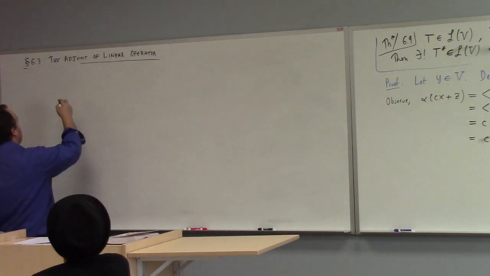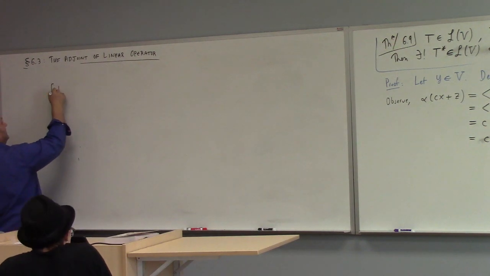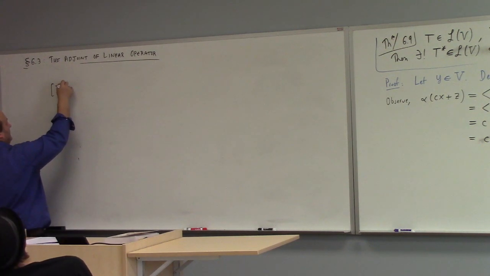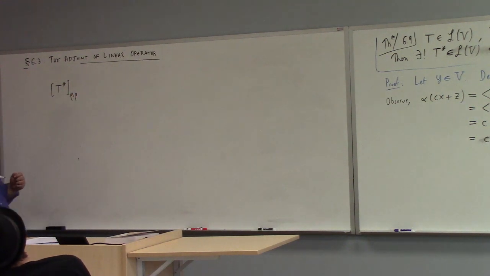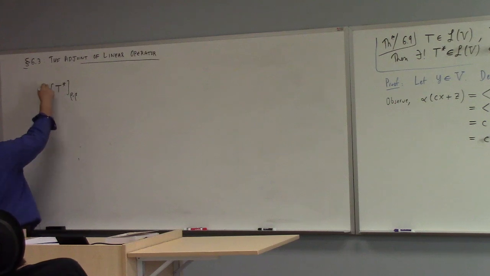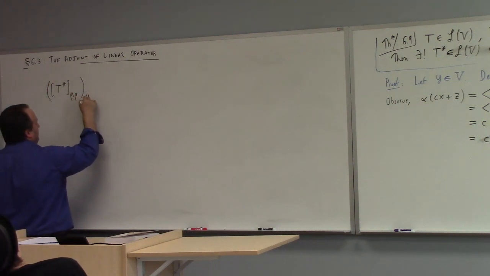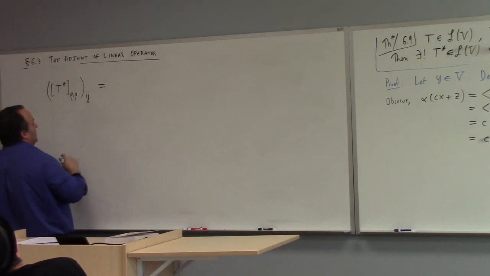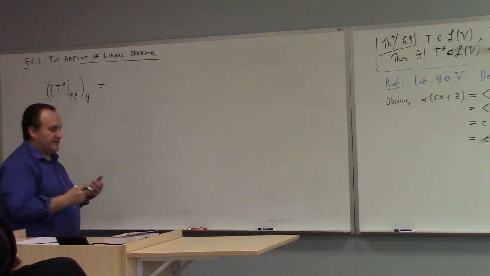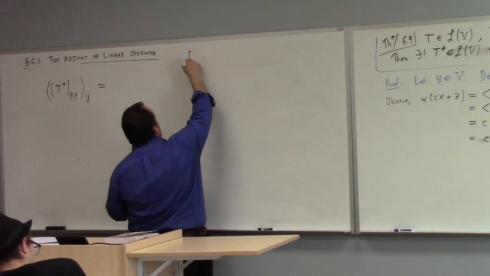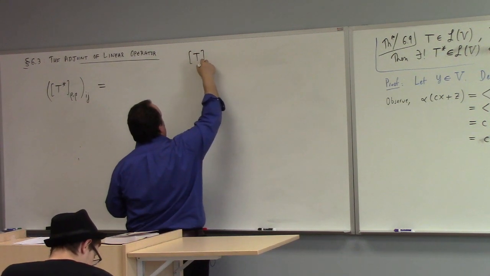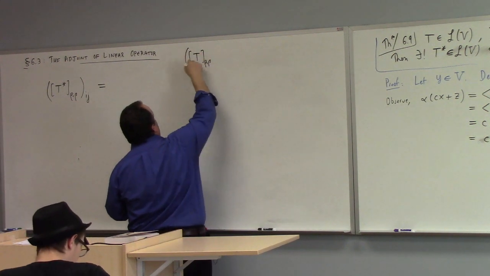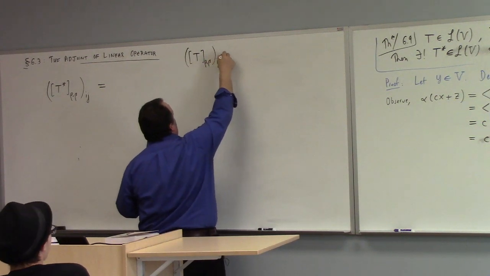So let's see, what would the matrix of the adjoint of T look like with respect to an orthonormal basis beta? If we wanted to calculate the ijth component of that, how does that go? You guys remind me, what was our theorem for an orthonormal basis? And we want to calculate the ijth component of the matrix. How do we do that? What was the formula?